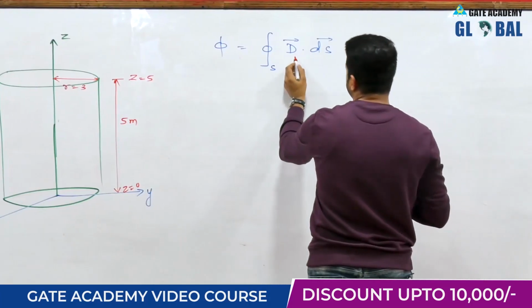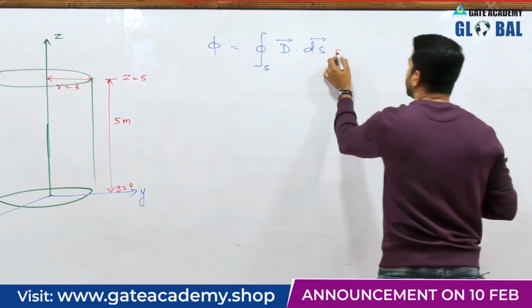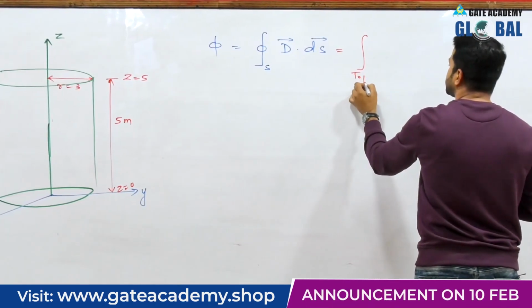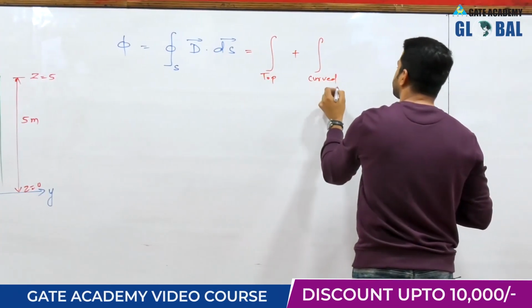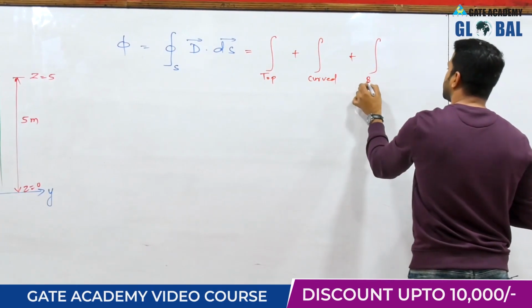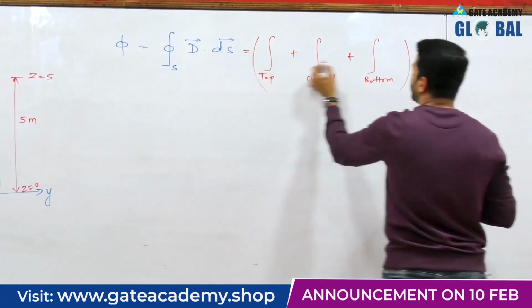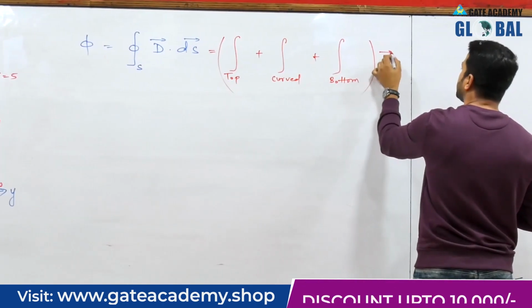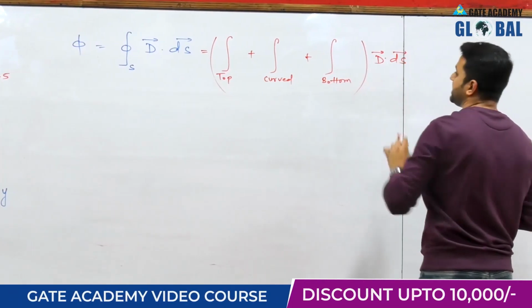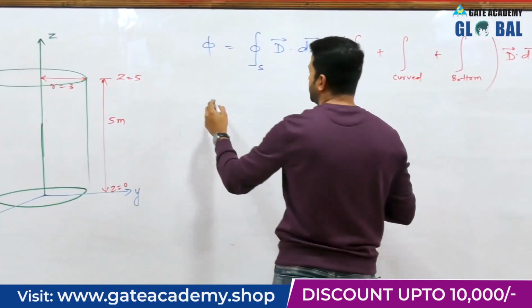Now we can break the differential surface dS into the top surface plus curved surface plus bottom surface. So this closed surface can be divided into these three surfaces. Another way to solve this question is to apply the divergence theorem.